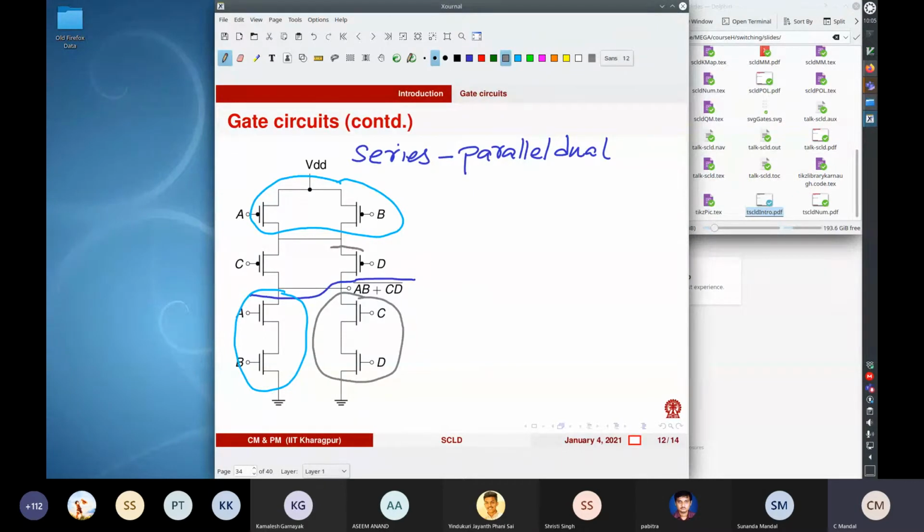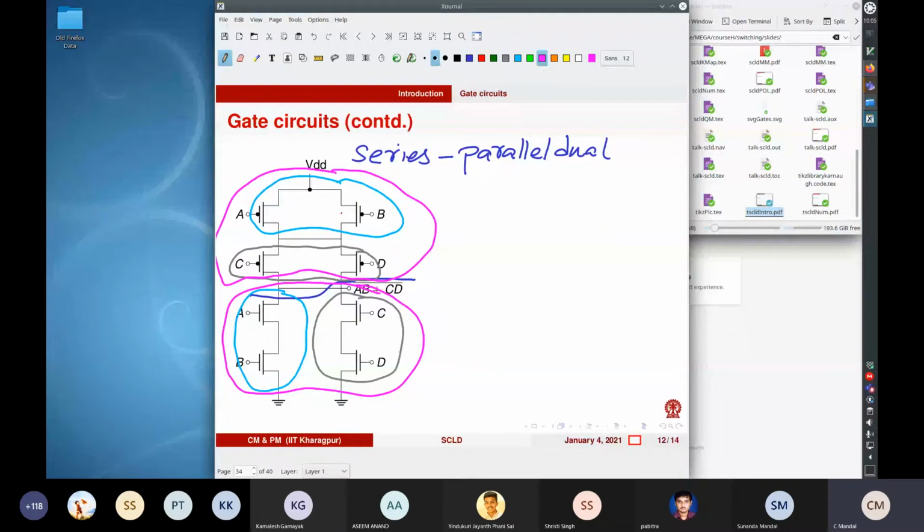You have got these two in parallel, and further you have got these two blocks in parallel. Over here you have got these two blocks in series. Okay, so you can see that you do have a series parallel dual over here.